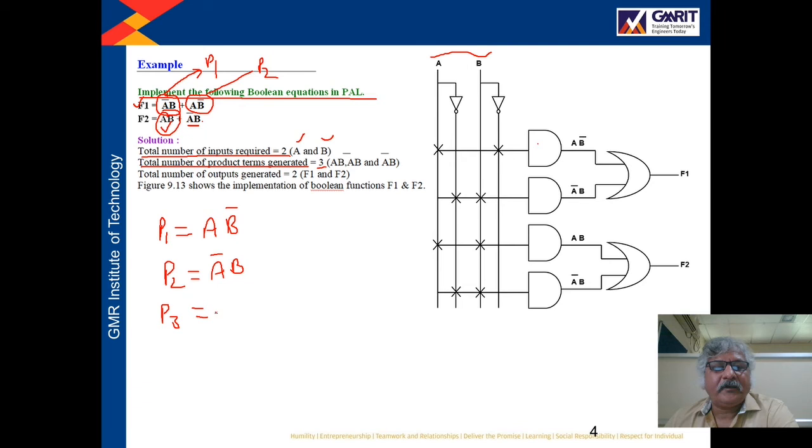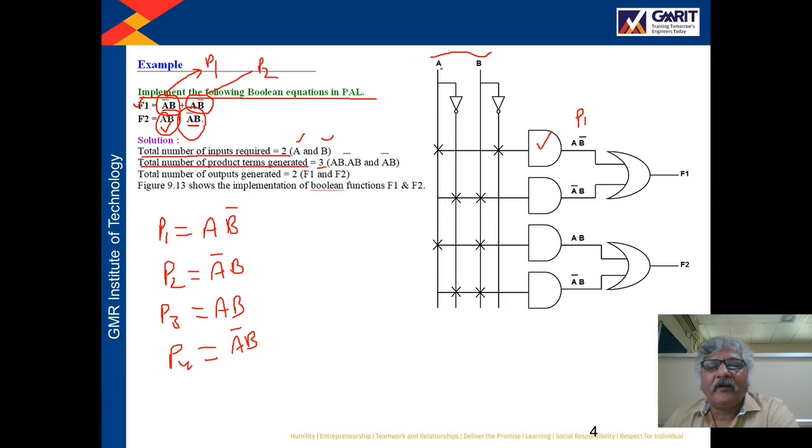P3 product term is AB, and P4 product term is A bar B, right? So now this AND gate is generating the product term P1.